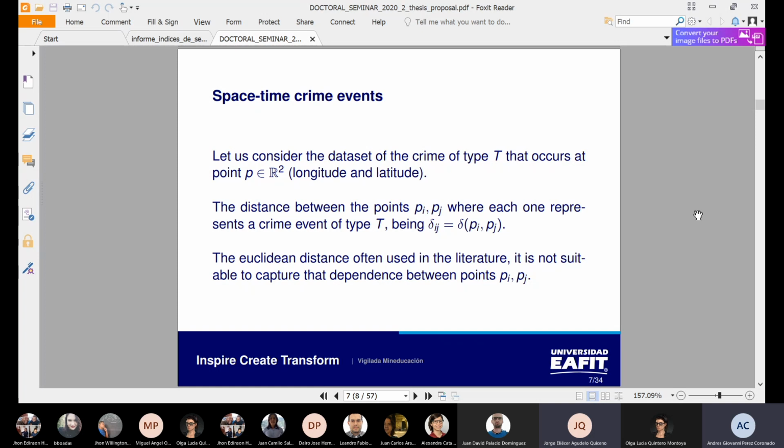It means that we have some distance between these crimes, even if it doesn't obligatorily, it's not mandatory that it should be Euclidean distance. We need a distance between these crimes.